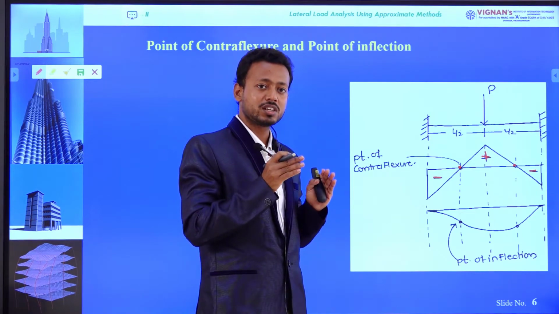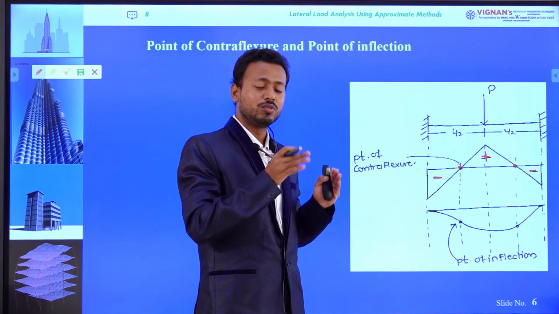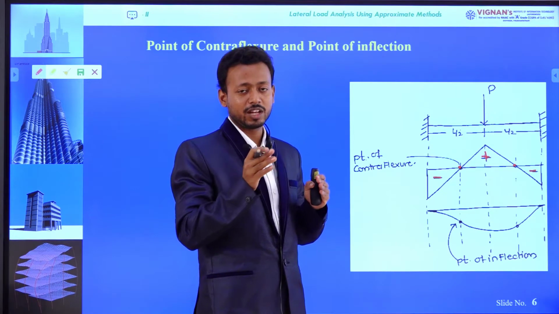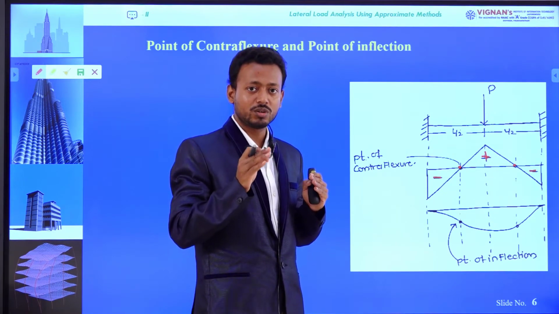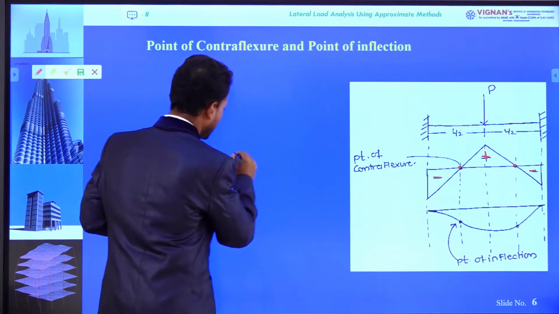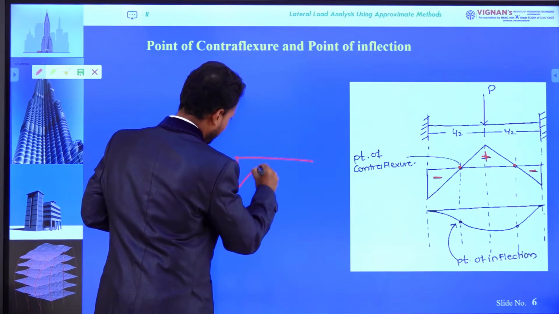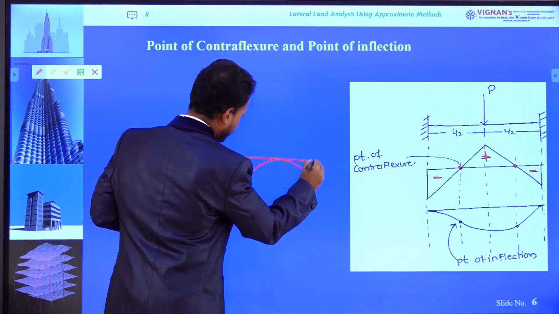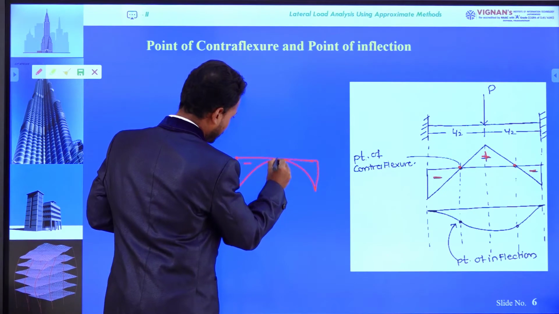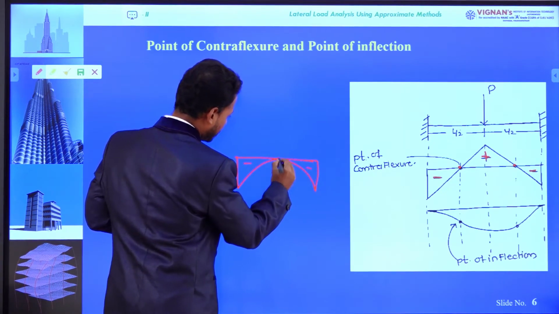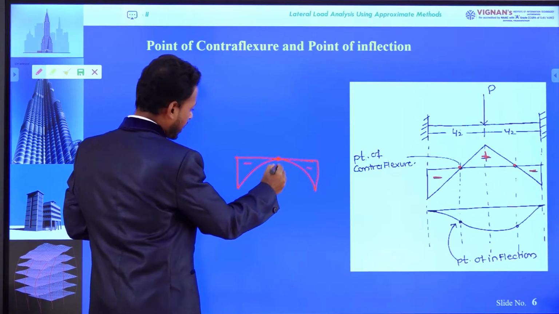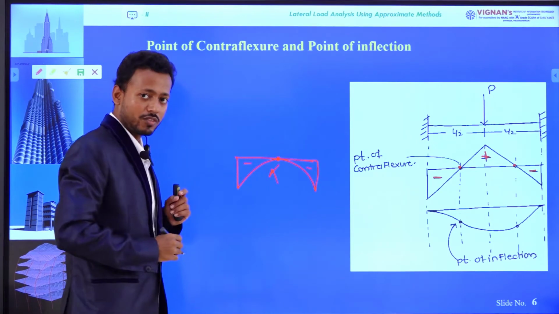When the bending moment goes from negative to 0 and again becomes 0, that point is not called a point of contraflexure. Suppose a bending moment is like this, from negative to 0 at this point, and again it becomes 0. So this point cannot be said to be a point of contraflexure.